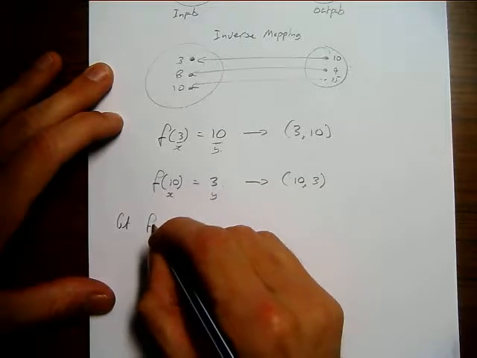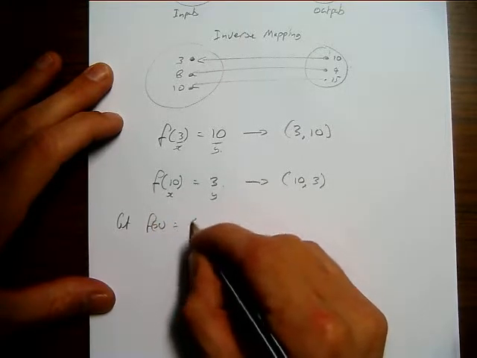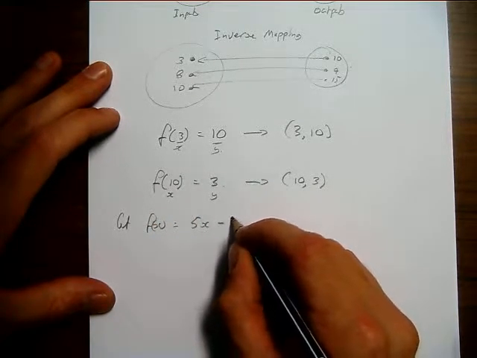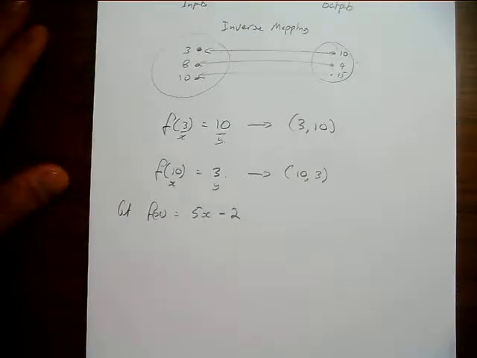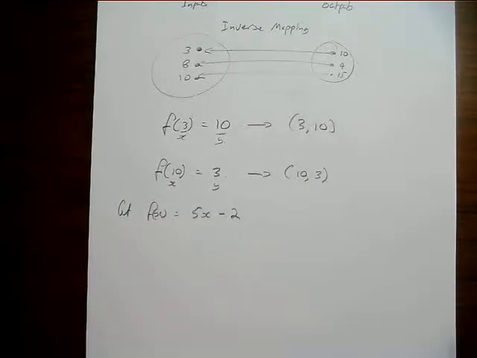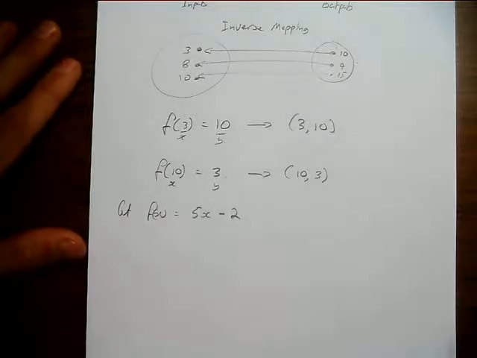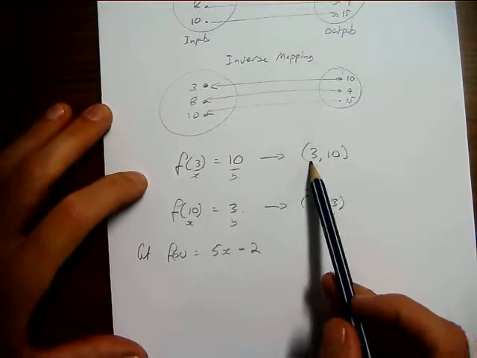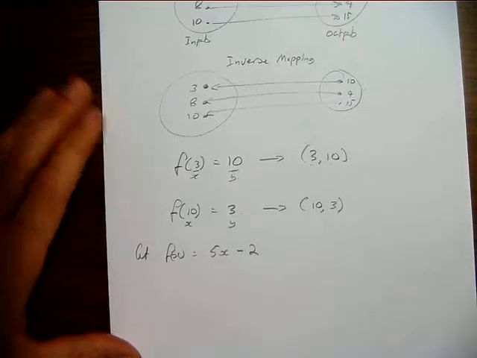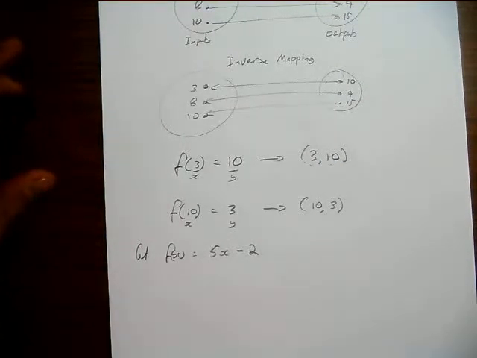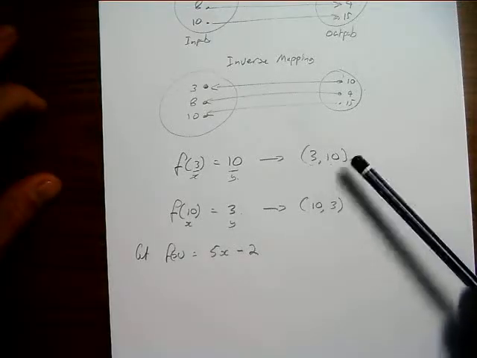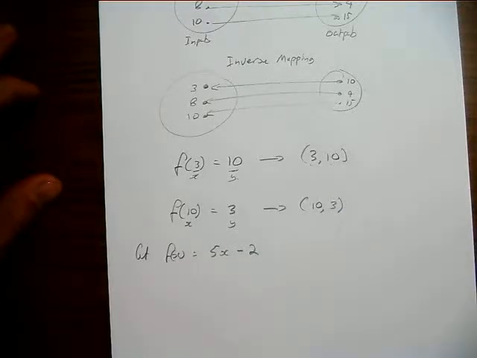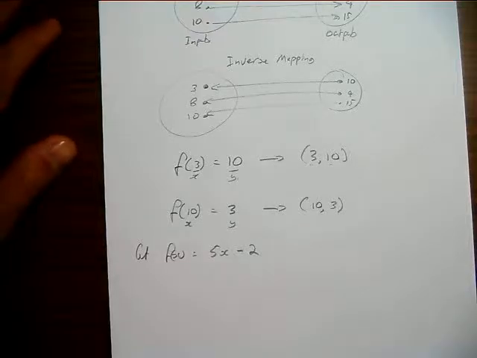Let f of x equal 5x take 2. I want to know what my inverse relationship is. What am I doing here to get my inverse relationship? What's different from here to here? It's swapping the x and the y.